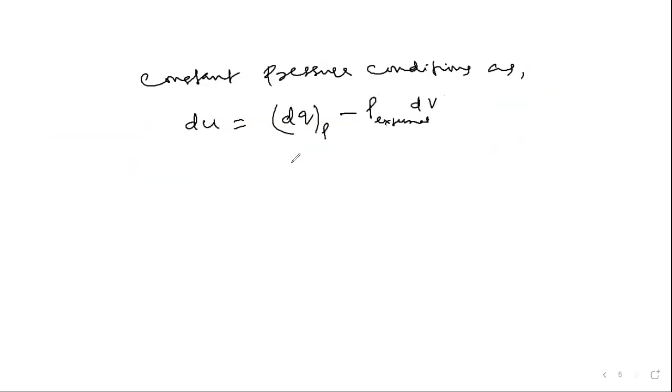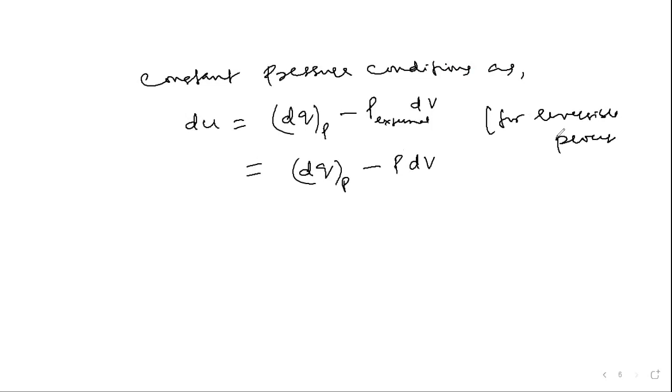But you have another condition to put in, reversible condition. Then I can write dq of P minus P dV, because for a reversible process, P external is equal to P. External pressure and the system pressure are equal for a reversible process.